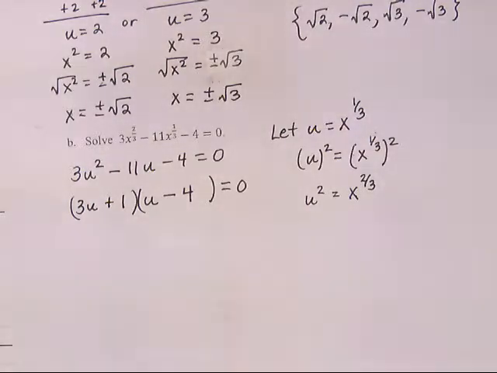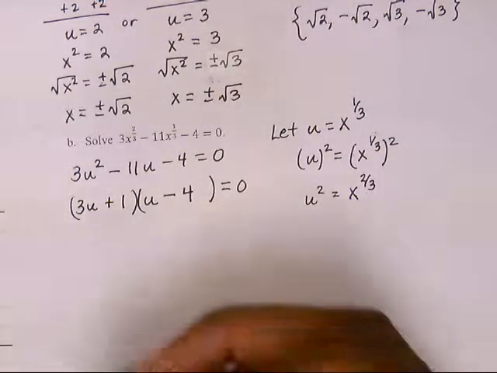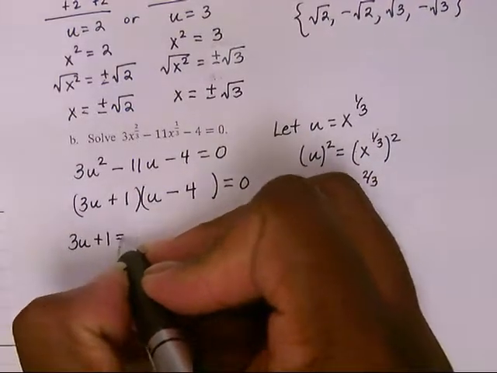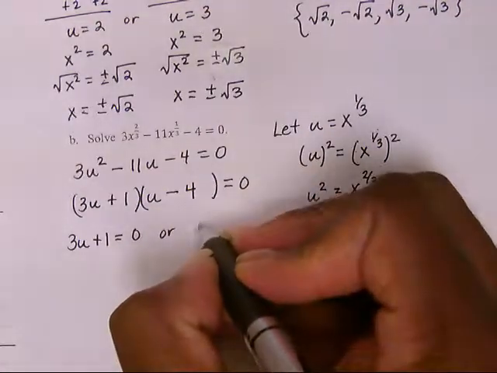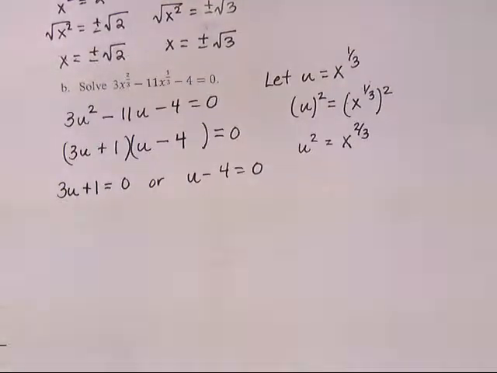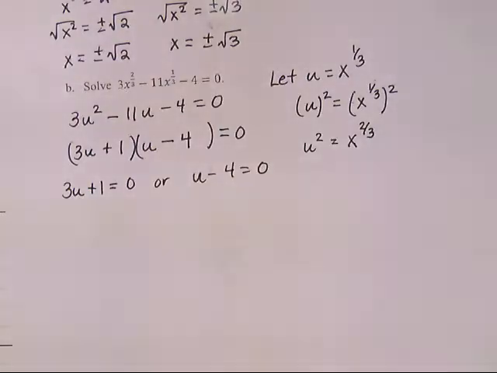And then we're going to set each binomial factor equal to 0. So this means 3u plus 1 equals 0, or u minus 4 equal to 0. Here we'll solve each equation for u.